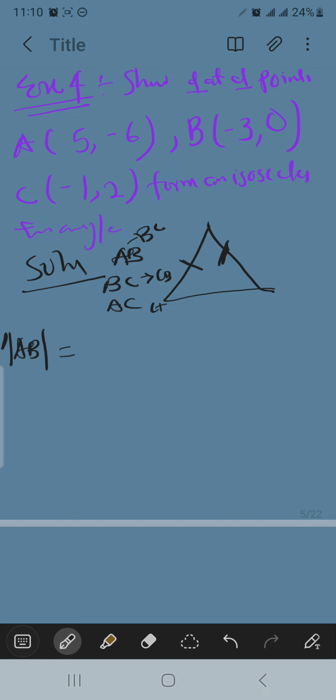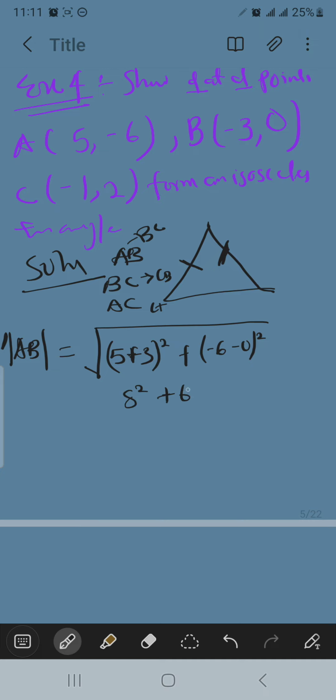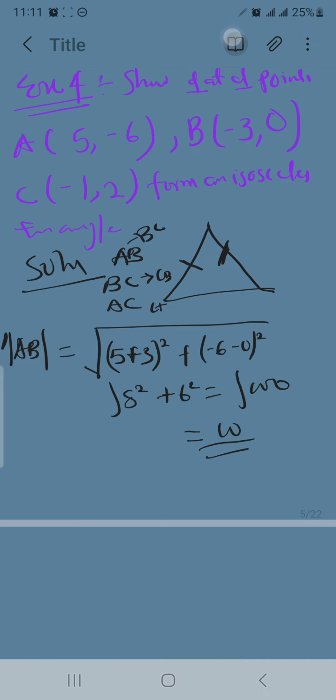So now picking this will be the square root of 5 plus 3, that will be plus, all square, plus minus 6 minus 0 all square. So this one will be 8 square plus 6 square. Root of 100, which is now equal to what? 10. That's the first thing.